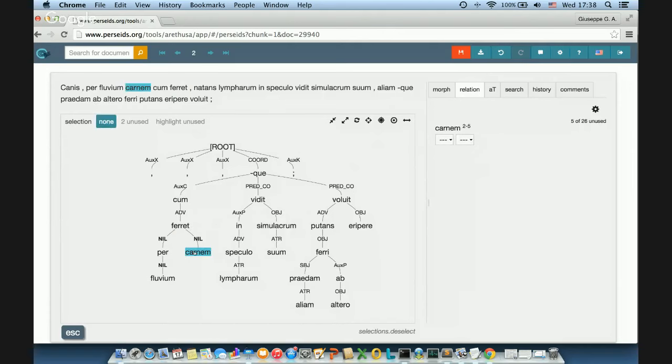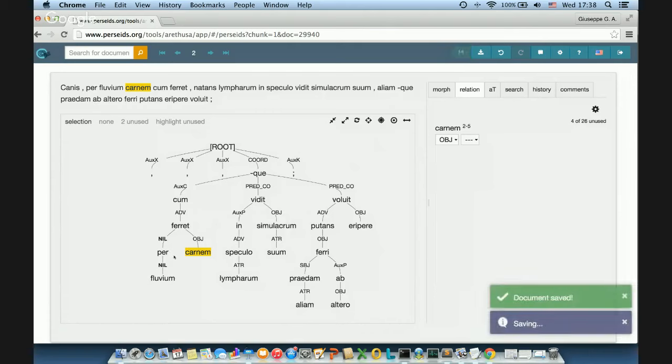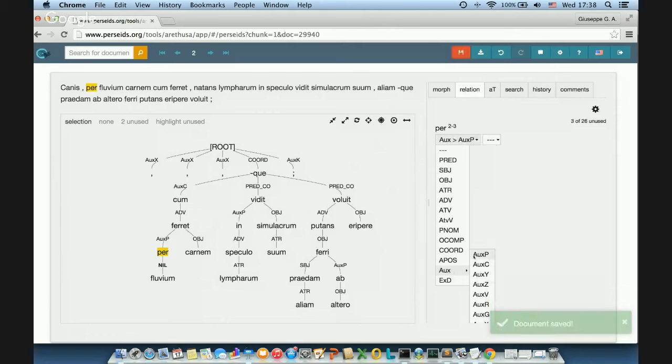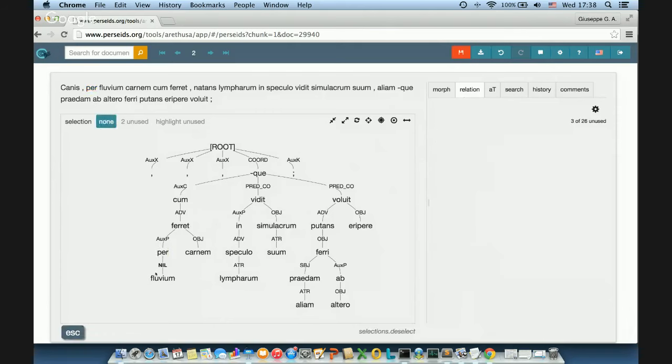And then again, what about carnem? Carnem is object, right? What about per? Per is a preposition again. And again, what about fluvium? It is again an adverbial.